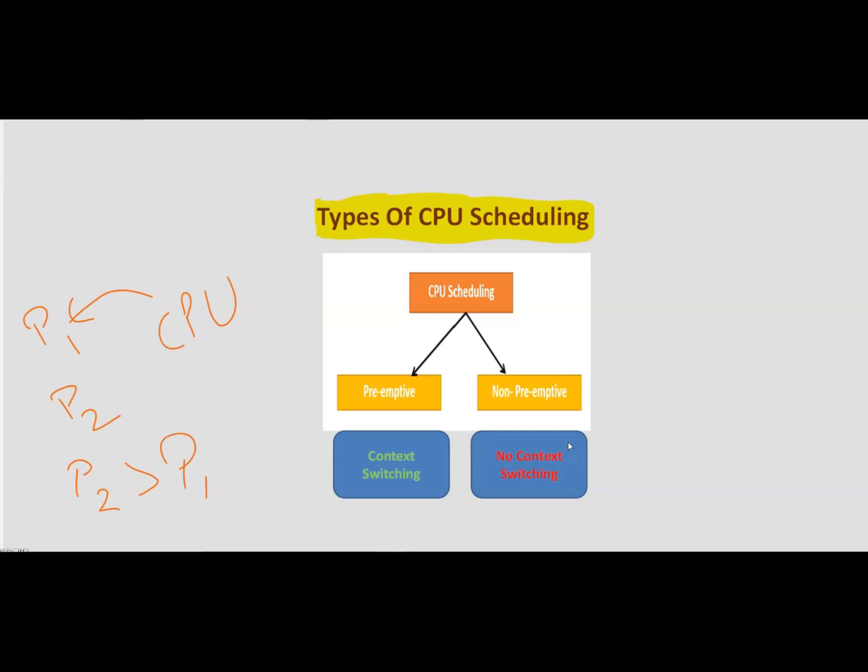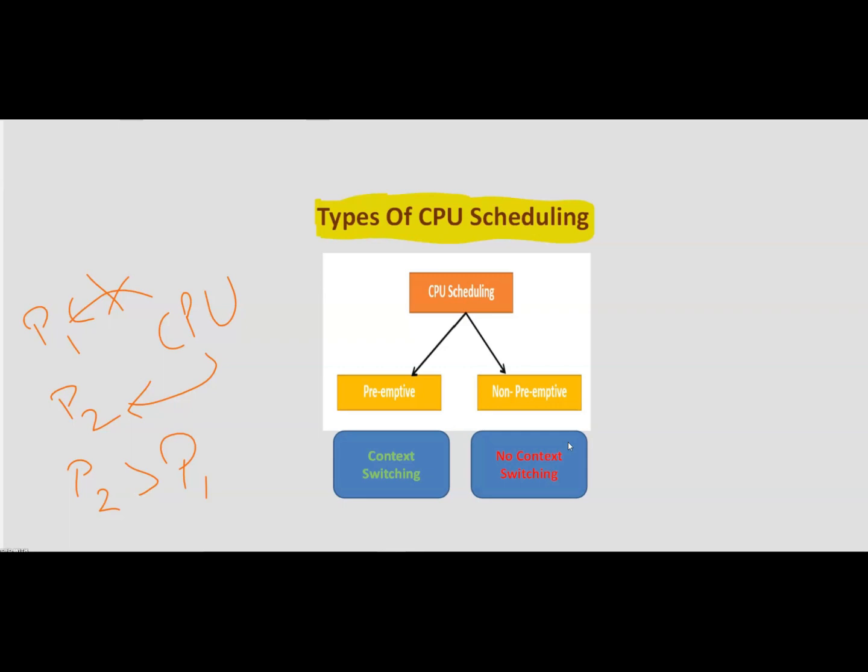Once the CPU has been allocated to P1, if a condition comes that P2 has the higher priority, we are going to preempt, which means we take away the CPU from the ongoing process P1 and allocate the CPU to the other process that has the higher priority. This is called preemptive. Taking back the CPU from P1 and giving it to P2 with the higher priority is also known as context switching.